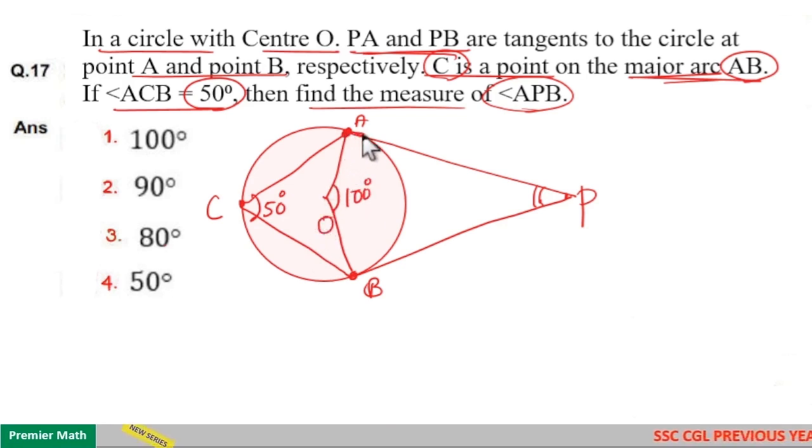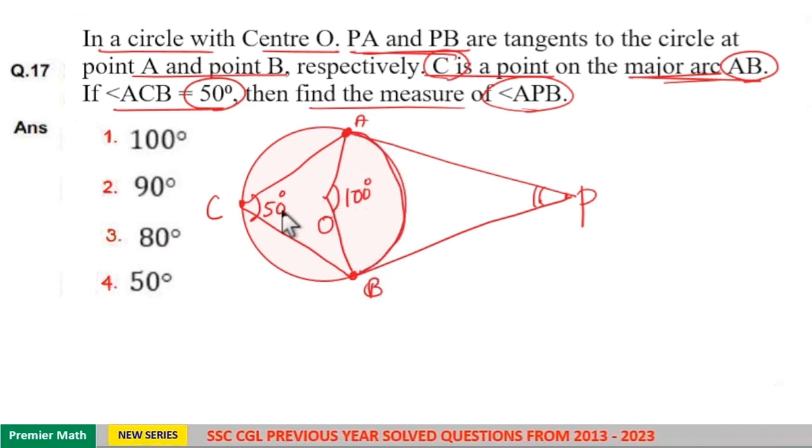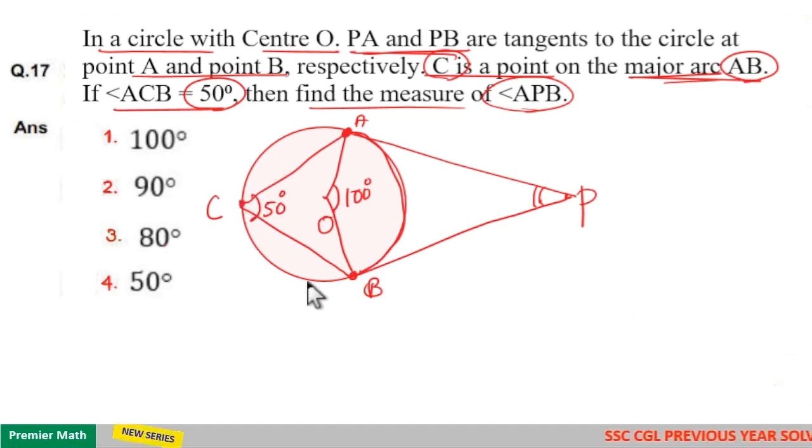Because if this arc creates a 100 degree angle at the center, then the same arc creates 50 degrees at the remaining part of the circle, where point C is. This is 100 by 2, 50 degrees, which means the center angle is equal to 100 degrees.